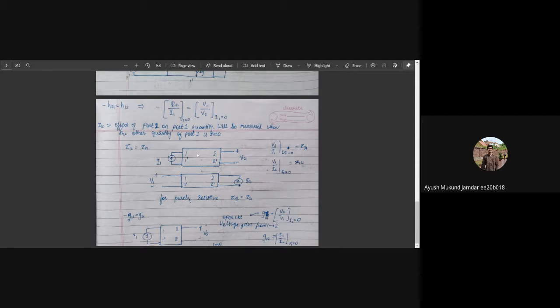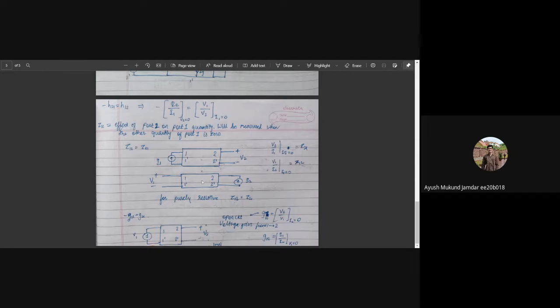Trying to see how it can be applied, we have this network finding Z21, and Z21 will have I2 equals 0, that is, the second port will be open circuited, and at this point we find the ratio V2 by I1. For Z12 we have I1 equals 0, that is, the first port will be open circuited, and again we find V1 by I2.